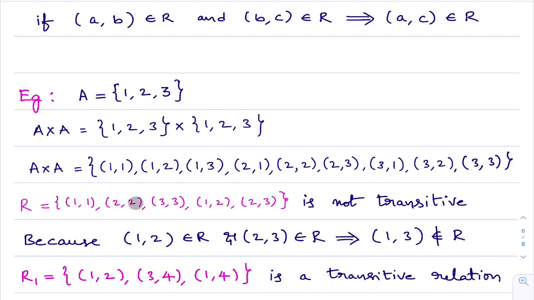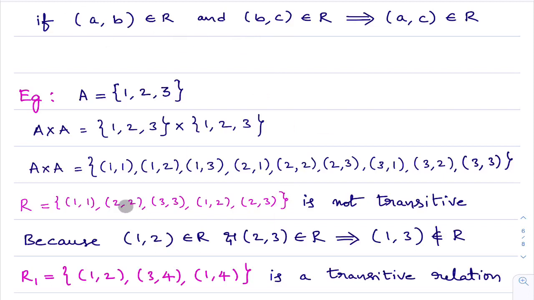Now come to this one, the second element. You see here this ends with 2. Now you check any other ordered pair which starts with 2. Yes, this starts with 2. That means 2, 2 and 2, 3. We are able to identify A comma B, B comma C in the given relation.